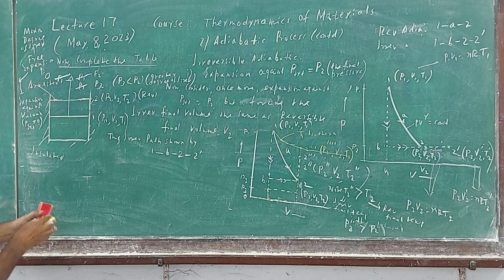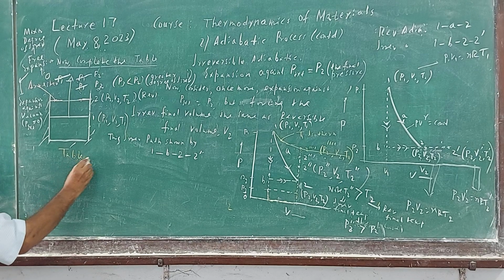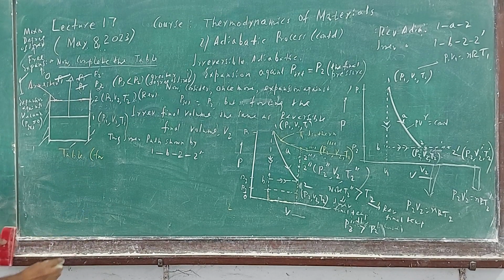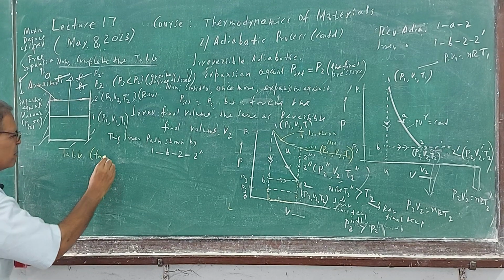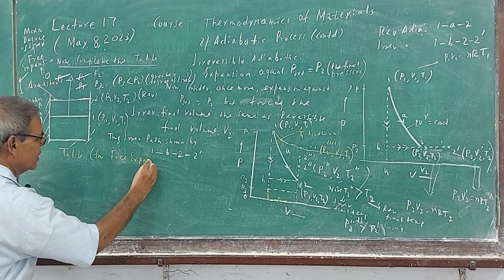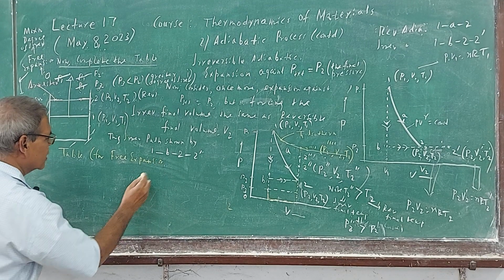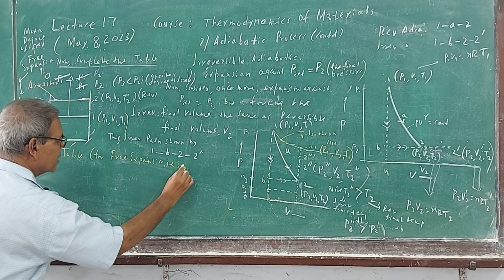Quickly, start listing. Now take up the table. Table for maximum degree of irreversibility. What do you call this? As free expansion. For free expansion, that is right, expansion against vacuum.